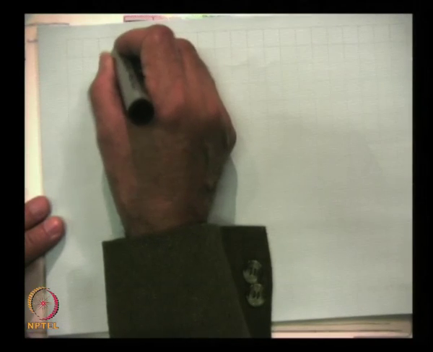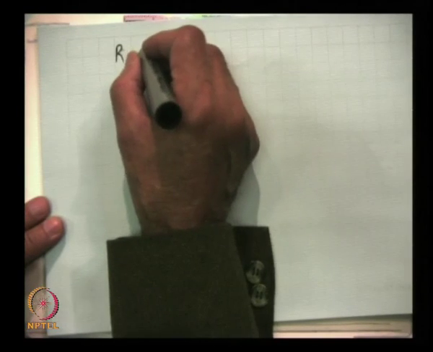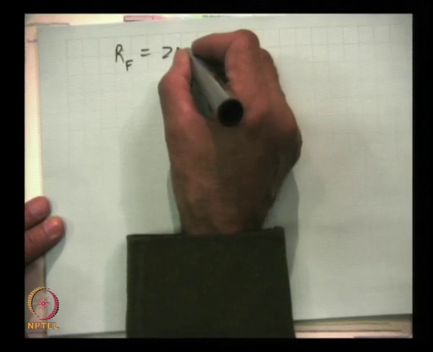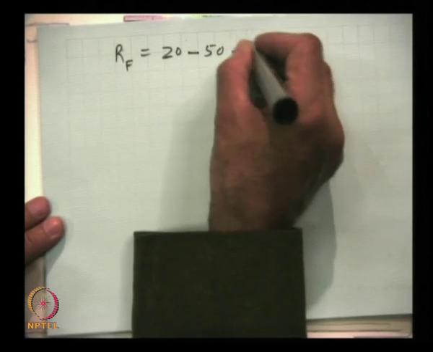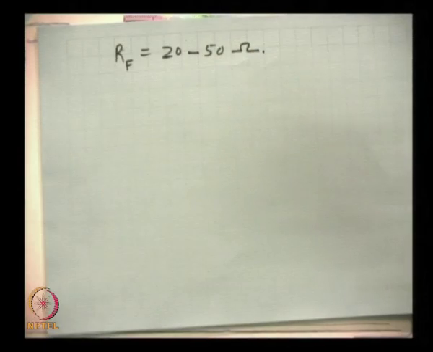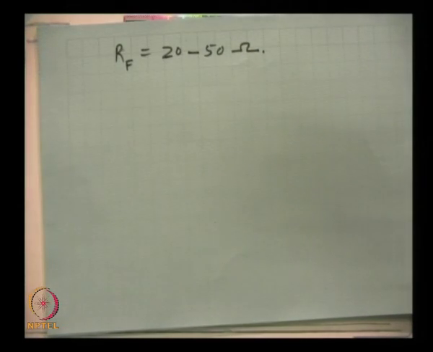So, Rf varies from diode to diode, from 20 to 50 ohms.